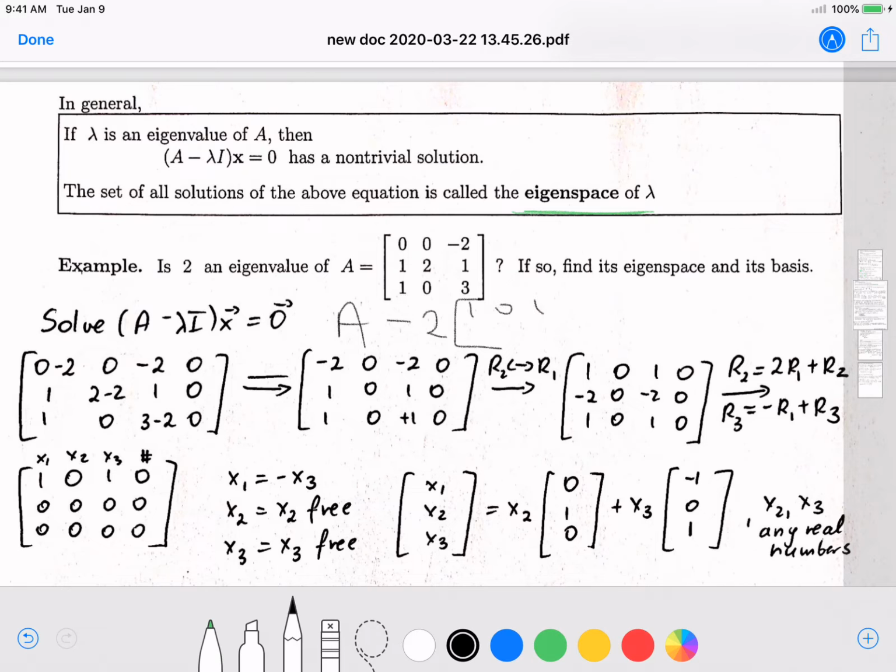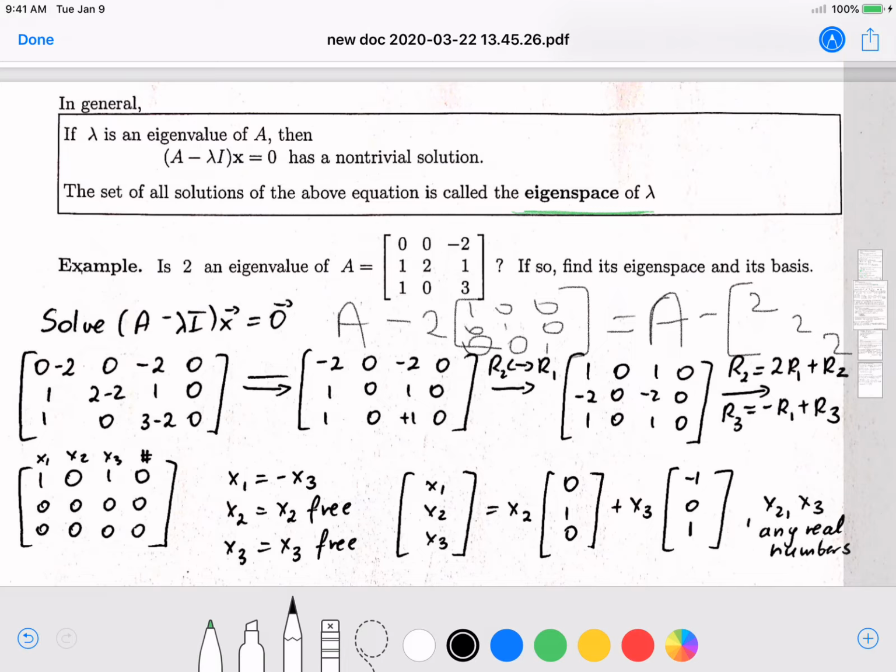The identity matrix is 1, 0, 0, 0, 1, 0, 0, 0, 1, right? So if I multiply this, I would have A minus, and on the main diagonal, I'm subtracting 2, 2, and 2.